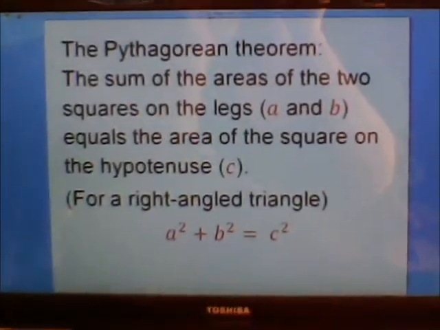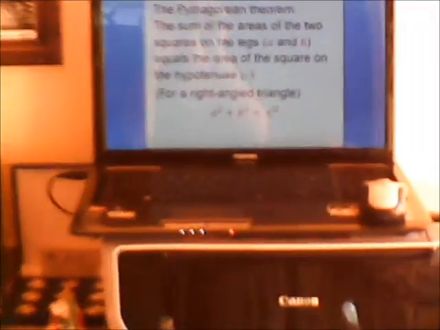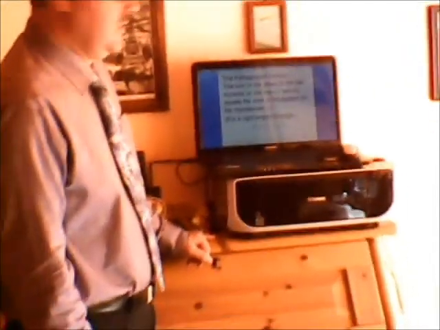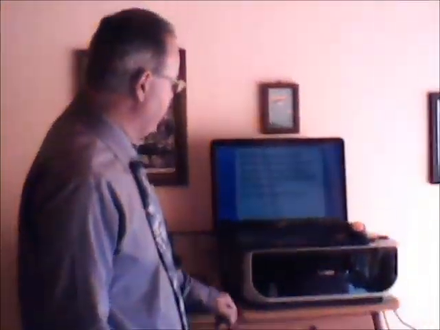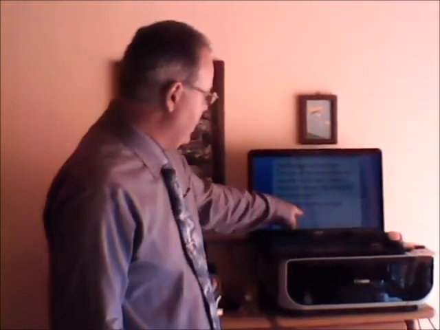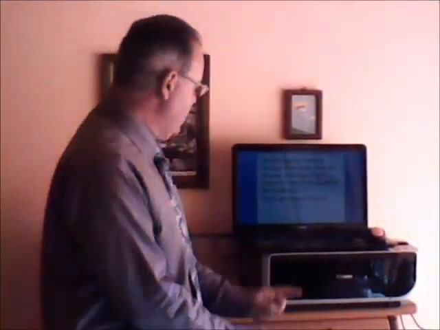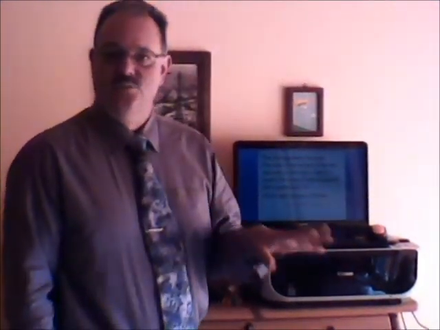The ancient theory I'm talking about, and will use later, is the Pythagorean theorem, which says that in a right-angled triangle, the areas of the squares of the legs equal the area of the square on the base of that triangle. That's the written form.